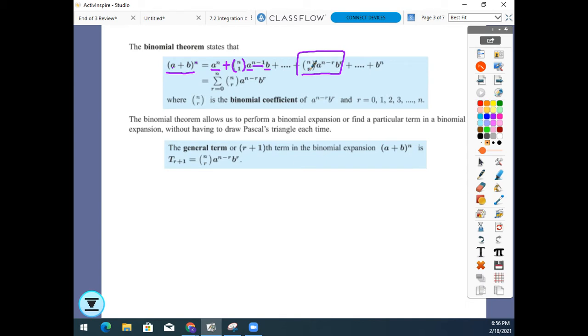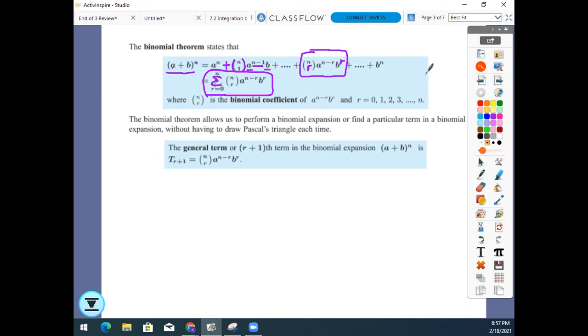Now, what's really important about this is r comes from the exponent of the second term. And so we can use this and expand it. This is your general idea here. That's what's in your formula booklet. So you need to understand the summation is everything.